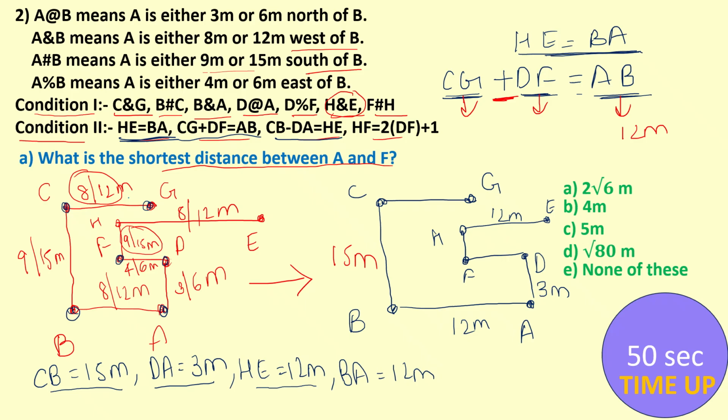Can you know the DF distance? HF is equal to 2 times DF plus 1. That can't be found out. Try to find out.